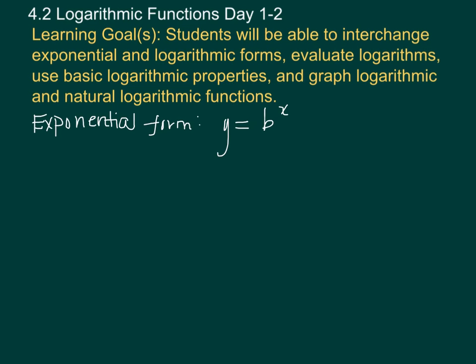And in the previous lessons, we learned about how to find the inverse, which is when you switch x and y, and you would solve for y. However, sometimes it's hard to find out what this exponent is, so we use logarithmic form to help us solve this type of problem.